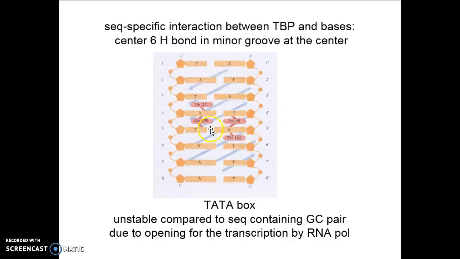In the middle you see hydrogen bonds with a red line between protein and base in the TATA box. An interesting feature of the TATA box is that it has TA pairs compared to GC. TA is less stable than GC, so it's much easier to separate.